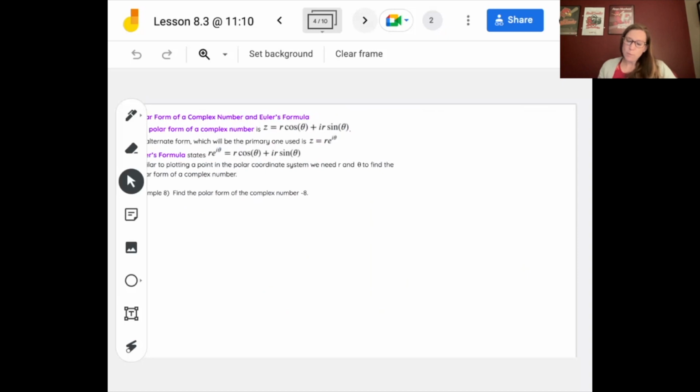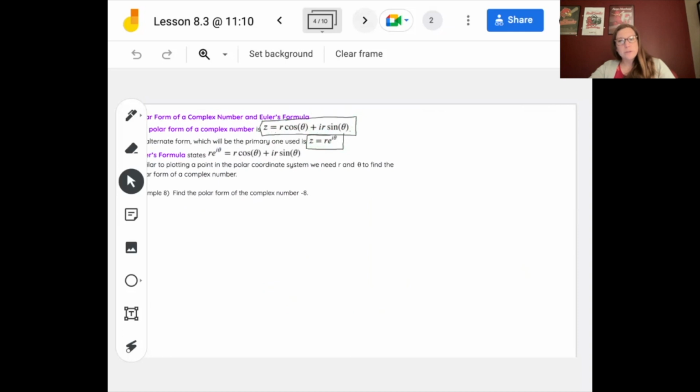So the polar form of a complex number we just said is this. Remember, z is a complex number. So a complex number can be written as r times cosine of theta plus i r sine of theta. But we can also utilize another formula. Z, a complex number, is equal to the radius times Euler's number, right? e is just like pi, an irrational number, to the power of i theta.